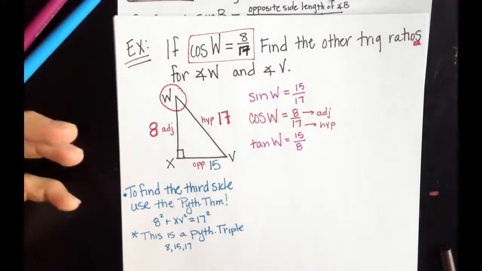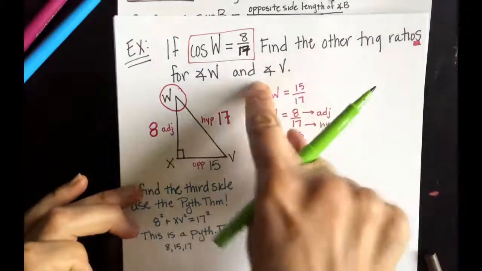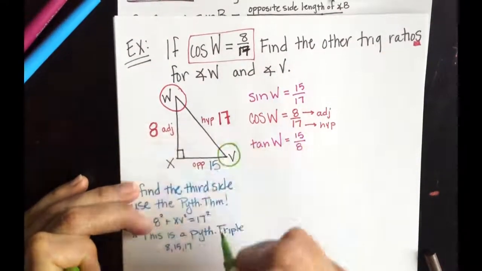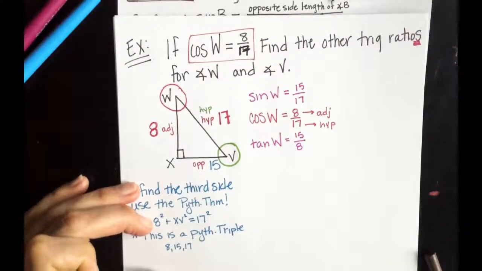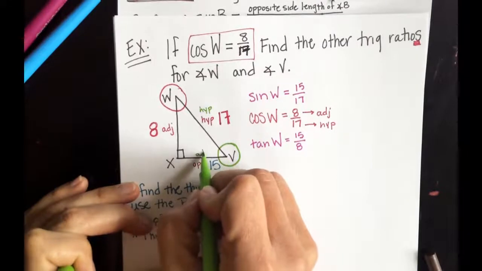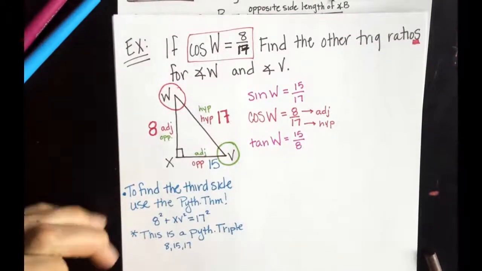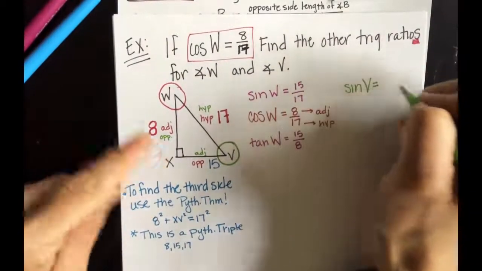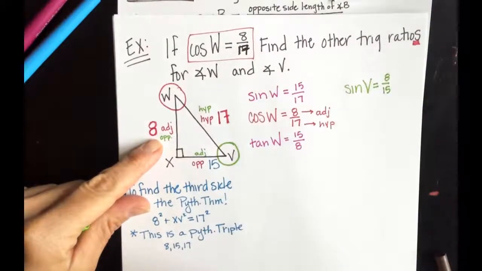When I want to change vertices so that I can do the other angle, angle V, hypotenuse won't change, but adjacent and opposite will. So then we start over. Sine V is opposite over hypotenuse.